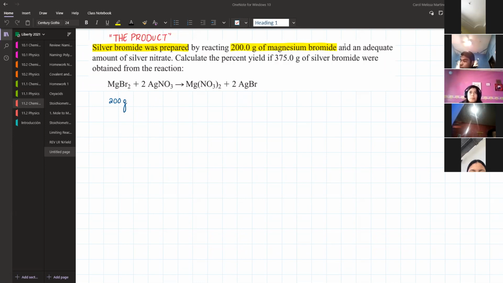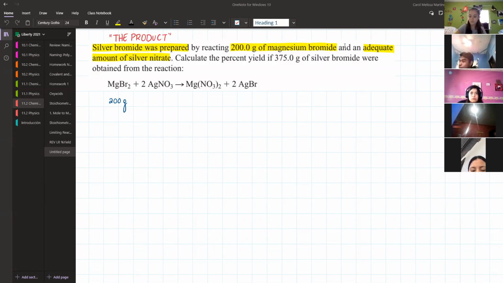Now, the problem also says, and an adequate amount of silver nitrate. Which one is silver nitrate? 1, 2, 3, or 4? 2. Okay, silver nitrate is number 2.